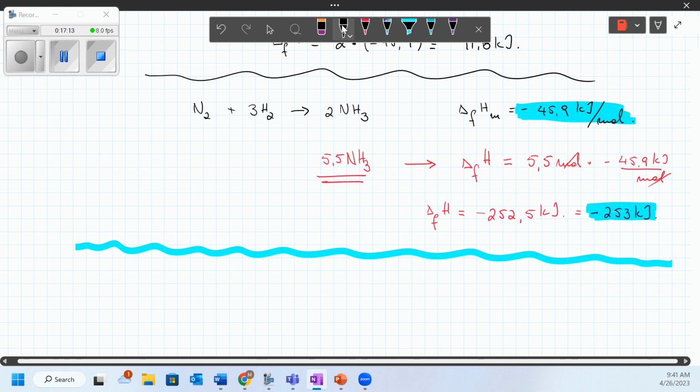When it is an exothermic reaction, what is happening in the reaction? It is giving energy, or heat, to the environment. Remember what we said. We have two parts: the system, also known as the reaction, and the surroundings.